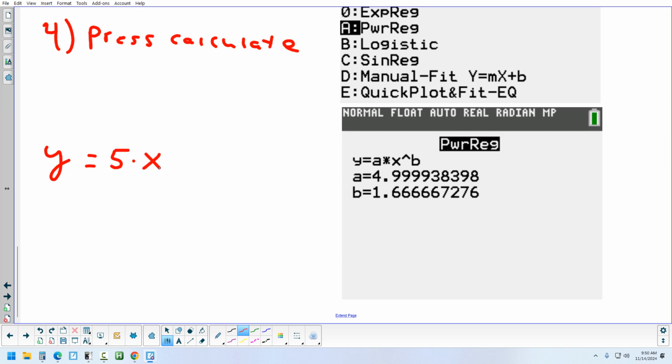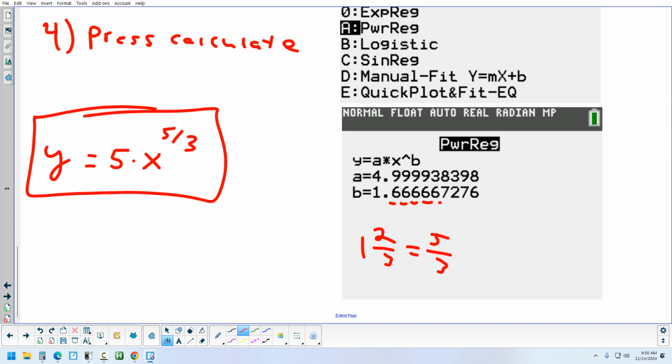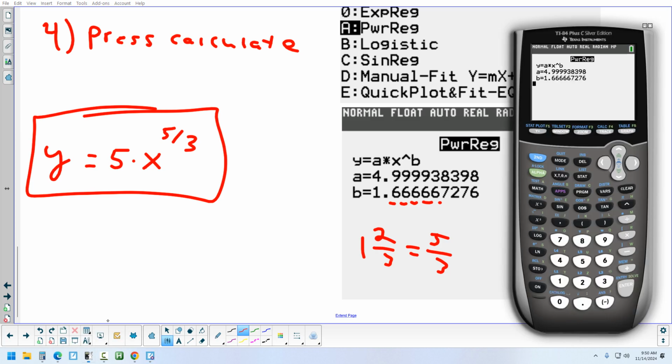And now this decimal repeats 5 times. If it repeats that many times, we're just going to assume it would keep repeating. What is 1.6 repeating? We'll do it as a mixed number first. Yep, 1 2/3. So B should really be 5/3. And that is how you find a power model for the data.